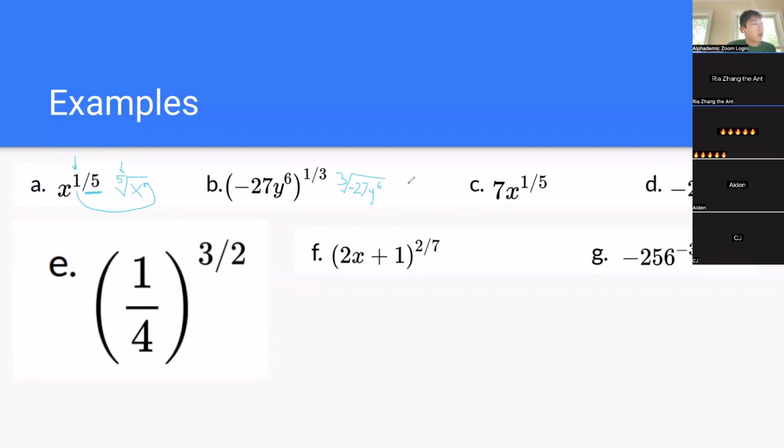From here, the cube root of y to the 6 is just y squared. And then the cube root of negative 27 is just negative 3. So for the answer to the second one, you would get negative 3y squared as the answer. Very nice looking number.